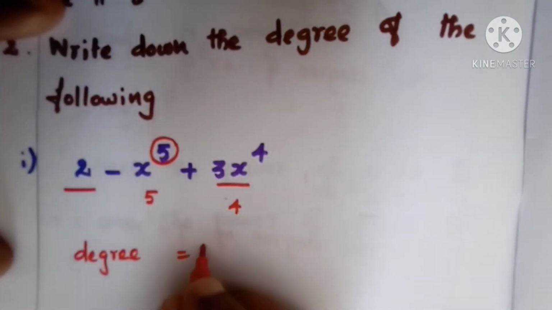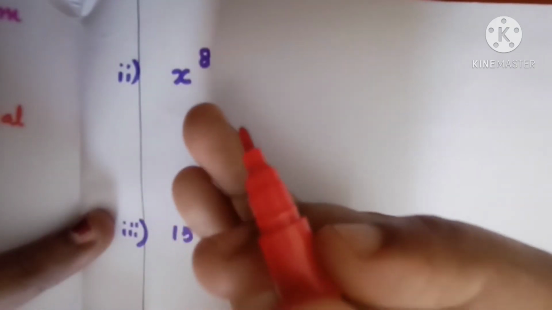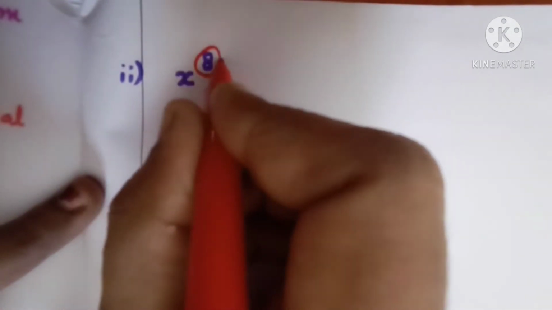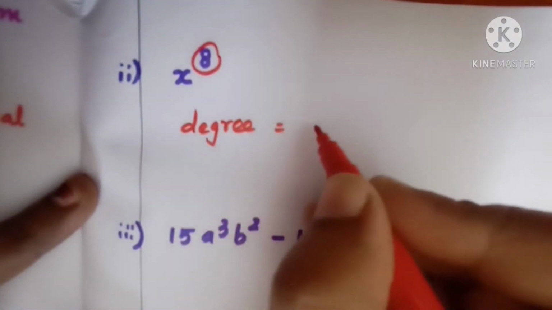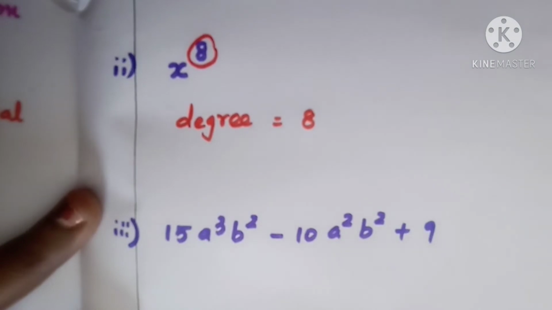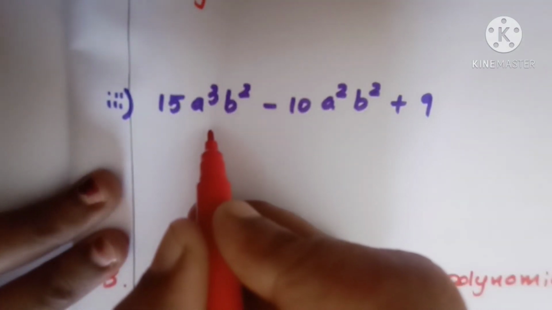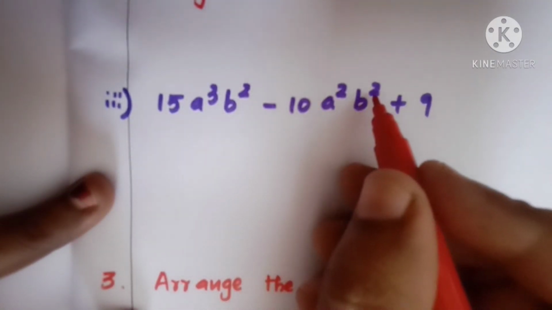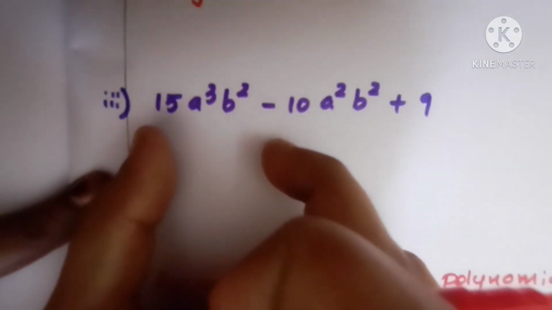So the degree of the polynomial is equal to 5. Next, x power 8. It has only one term. So, what is the degree of the term? Degree is equal to 8. Third sum: 15 a cube b square minus 10 a square b square plus 9. First of all, find out the degree of each term.